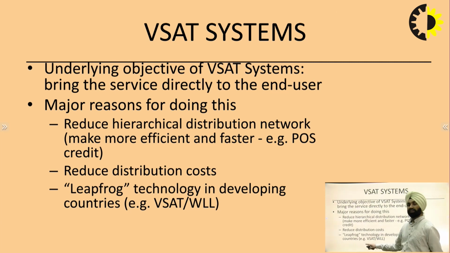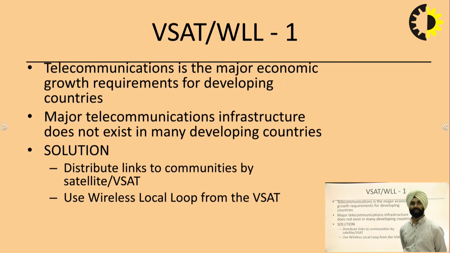So other technologies can be leapfrogged by the VSAT system, such as WLL, wireless local loop. Wireless local loop can be seen as the intermediate between the satellite and the end user. When VSAT collaborates with wireless local loop, telecommunication uses these two systems.